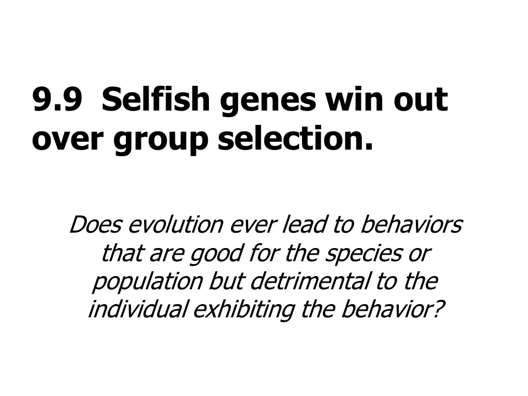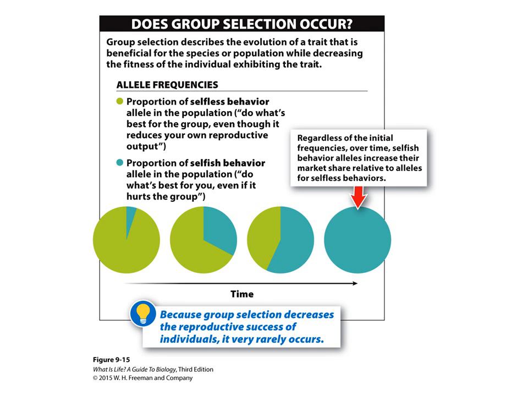This nearly universal selfishness raises the question of whether evolution ever leads to behaviors that are good for the species or population but detrimental to the individual exhibiting the behavior. That's a process called group selection. It might seem that evolution would favor individuals that behave in a manner that benefits the group, even if it comes at a cost to the individual's reproductive success. But this does not happen.